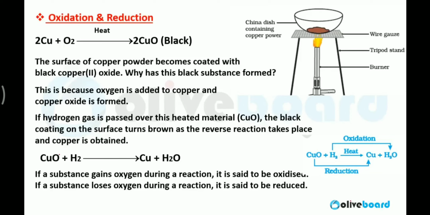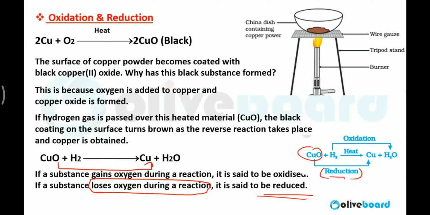So when you lose oxygen during a reaction, it is said to be reduced, which means this is reduction. Here you can see in this figure, this CuO is now reduced, and it is converted into copper.